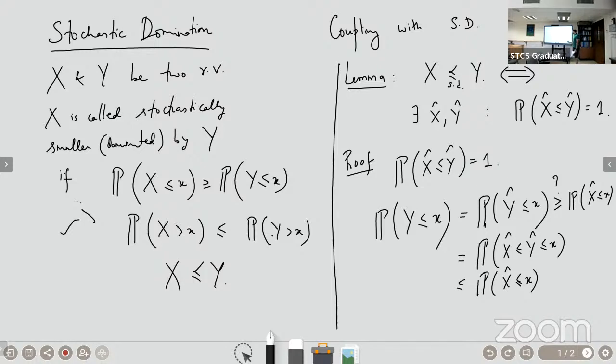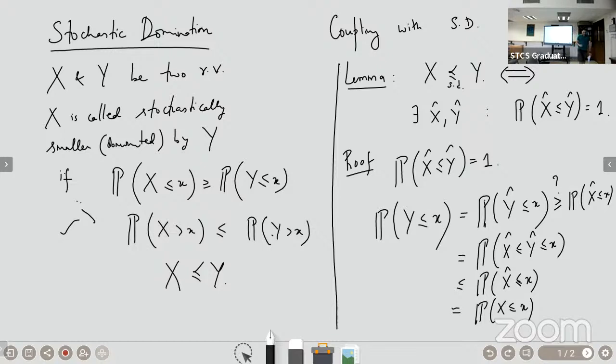X less than x, by definition equal to... Why did that inequality come from here to here? That can be written as a sum of two different probabilities, and this is one. What is this?